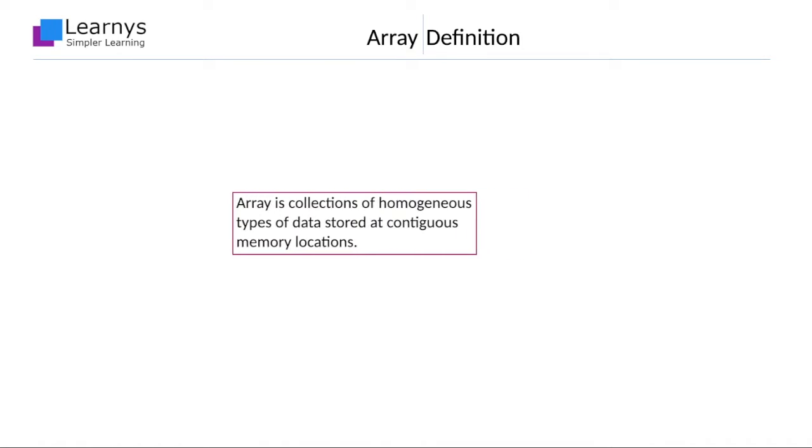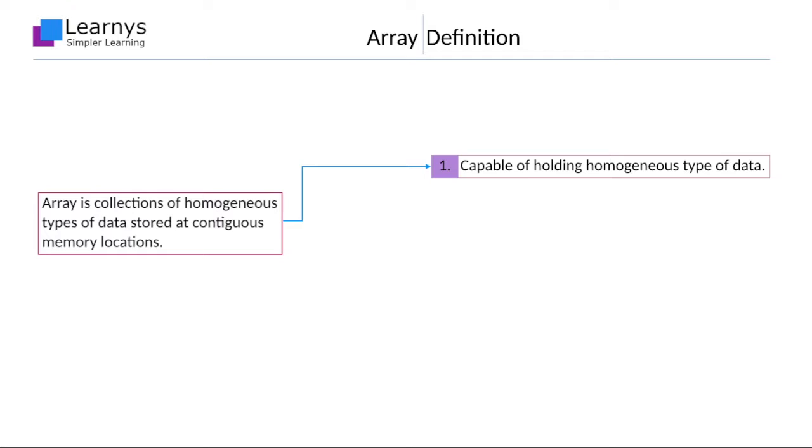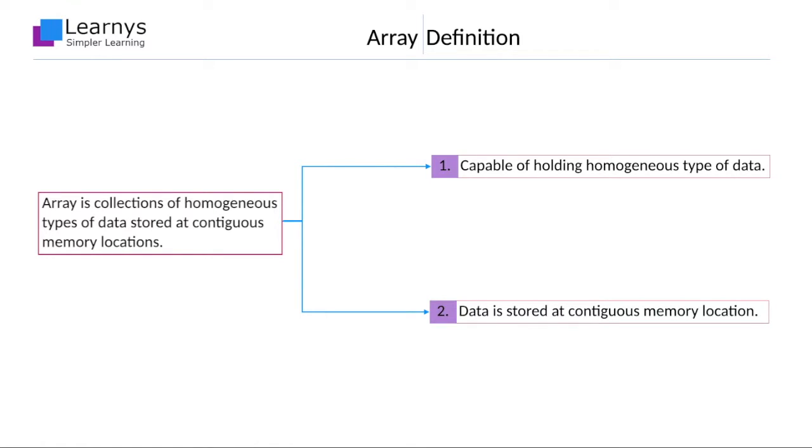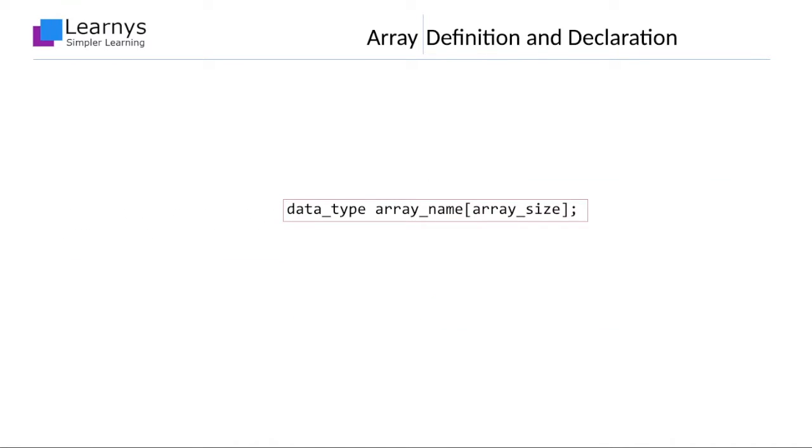Number 1, they are capable of holding homogeneous type of data only, and number 2, the data is stored at contiguous memory locations. Like other variables, arrays need to be declared and defined before they can be made use of. And similar to other variables, the style of array declaration, definition and initialization depends upon the scope.